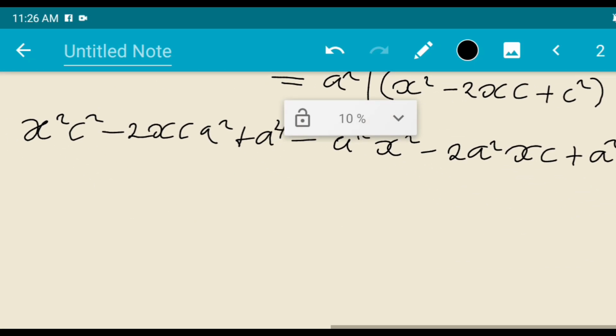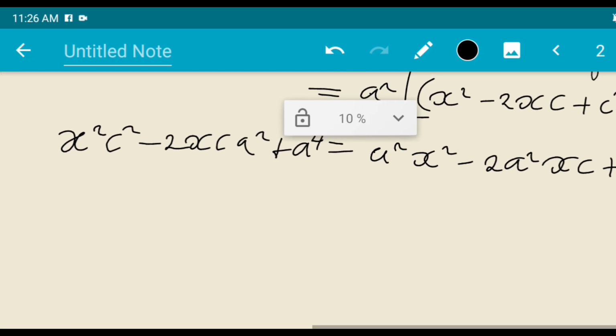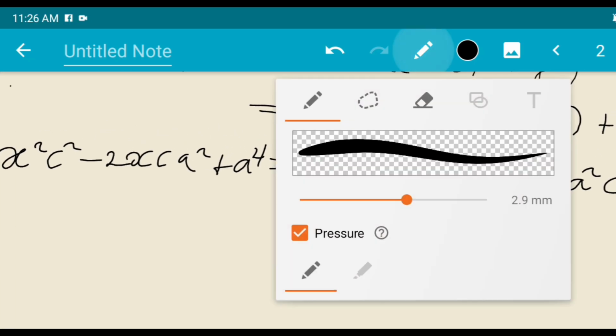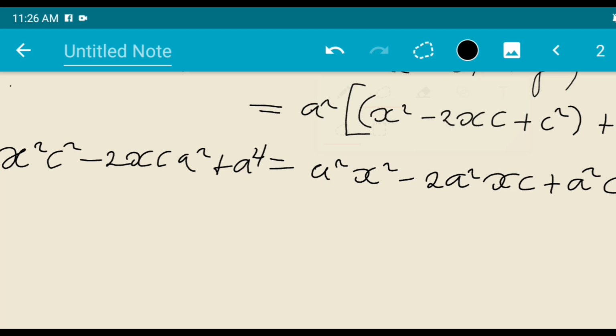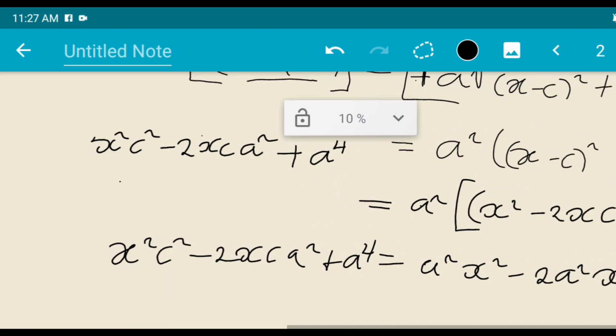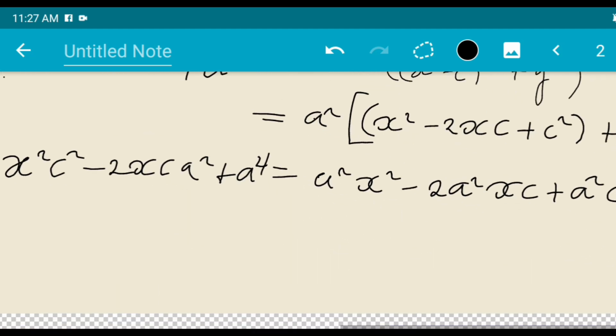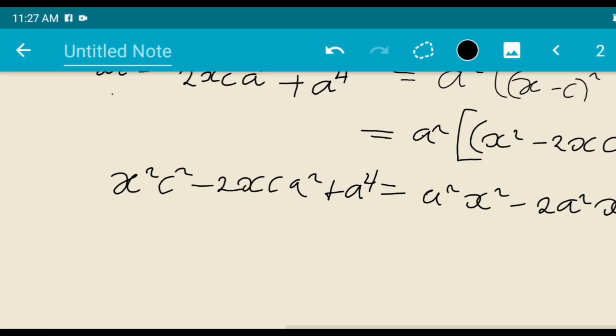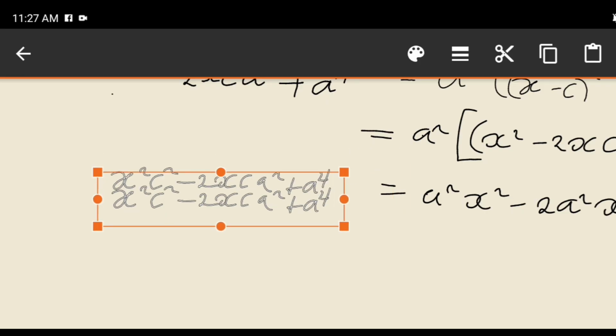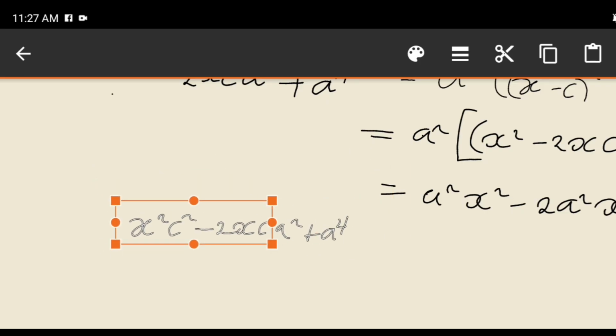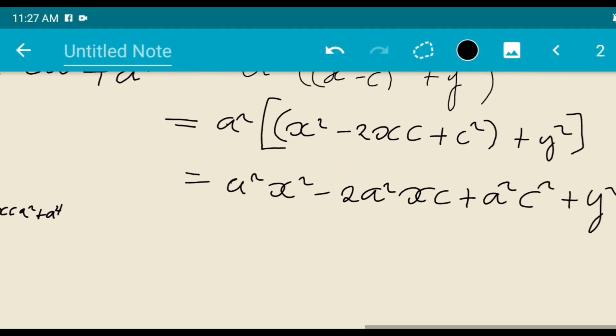I can't even zoom out. Let me try minimizing things here. Let's see if I can minimize. Okay, so I can actually do that.